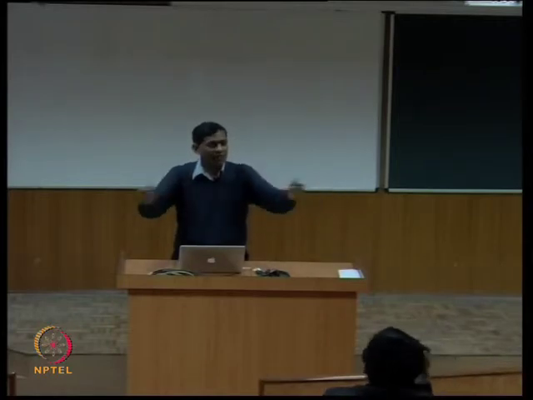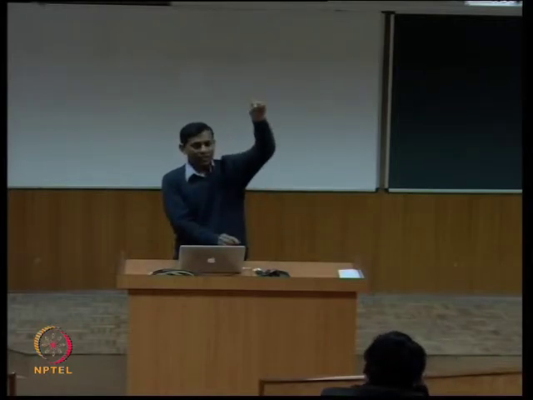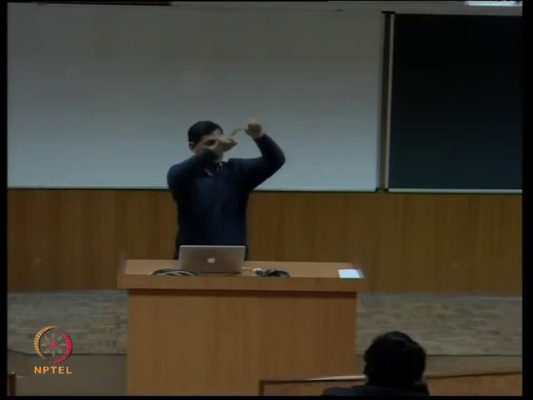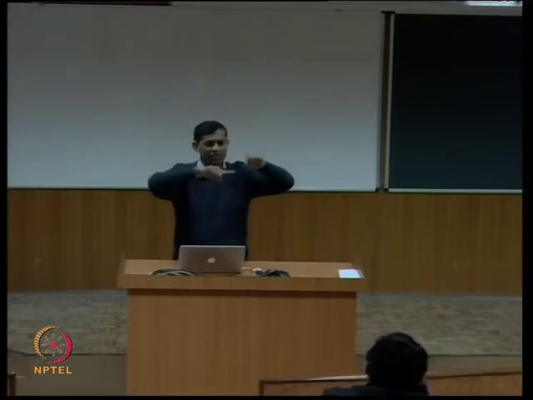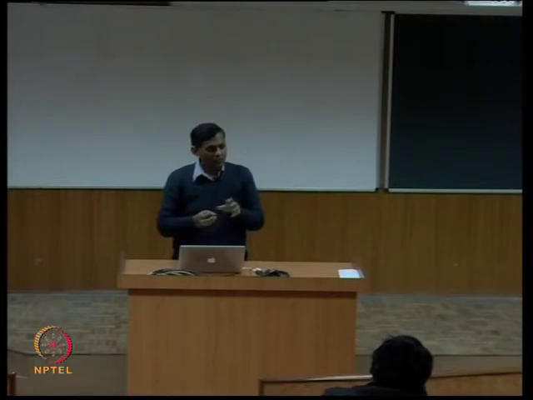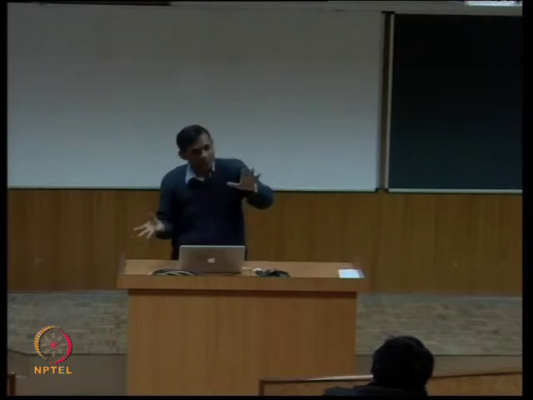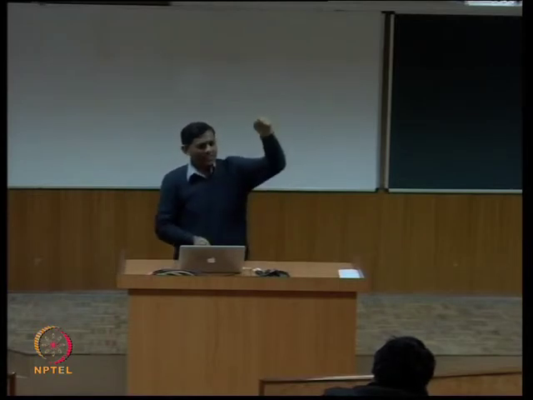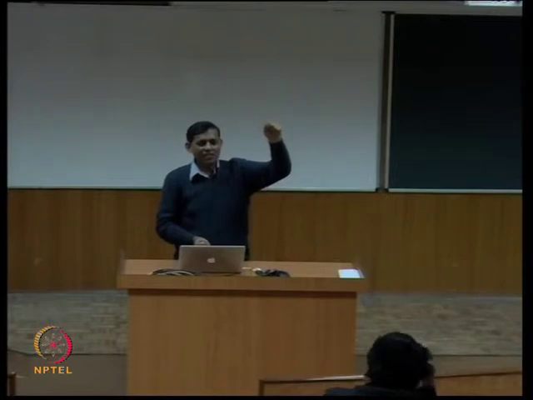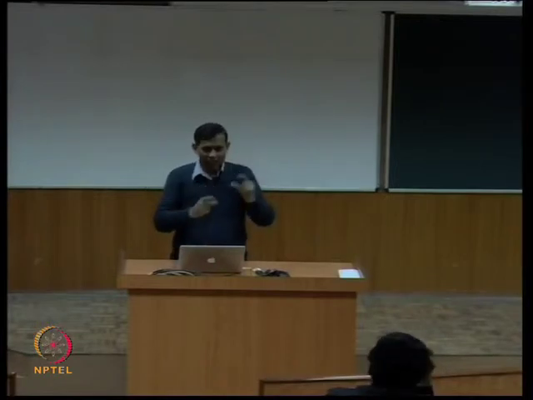Instead of saying here is a piece of data and send it to everybody, it says here is an array of data. Send the first to the first guy, second to the second guy, third to the third guy, fourth to the fourth guy. So it's not broadcasting the same element, but in some sense it's broadcasting an array, but it's not sending the array to everybody. It's sending one section of the array to one person.